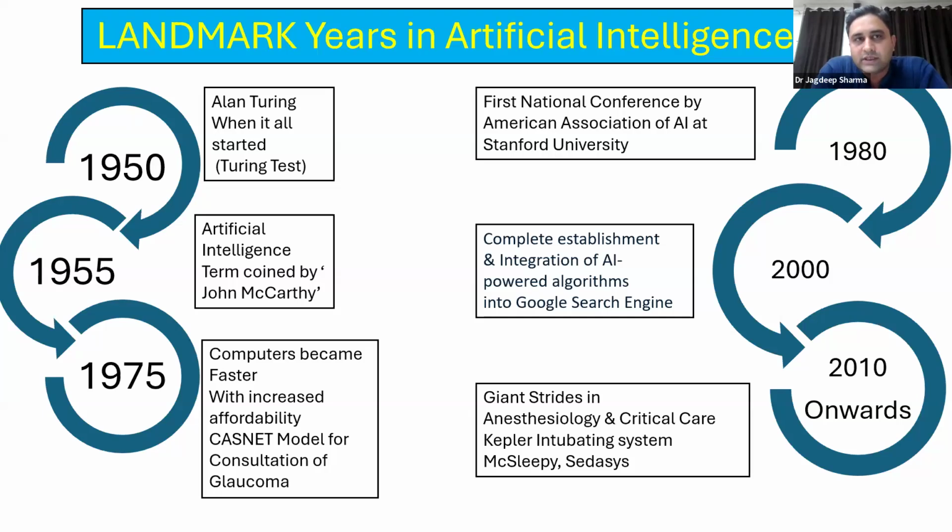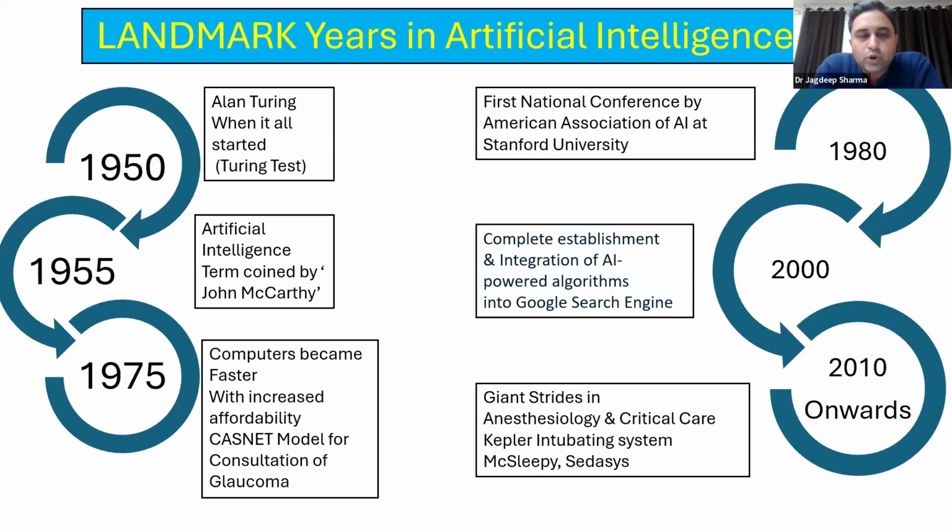Coming to the landmark years in artificial intelligence, it all started in 1950, and then in 1955 John McCarthy coined the term artificial intelligence. By 1975, computers became faster with increased affordability, and artificial intelligence was integrated into the medical field.